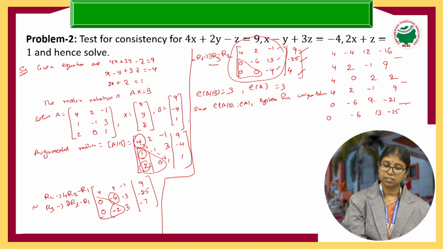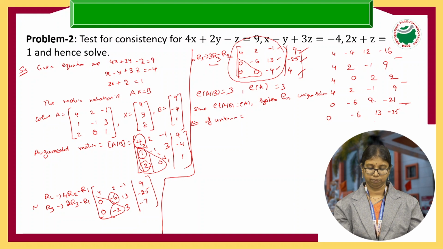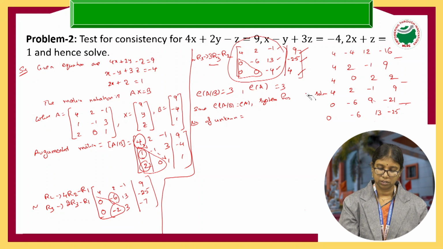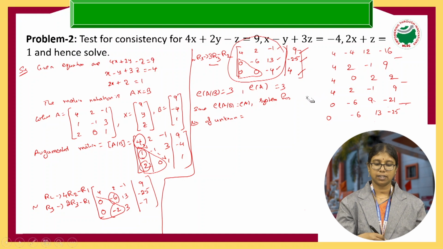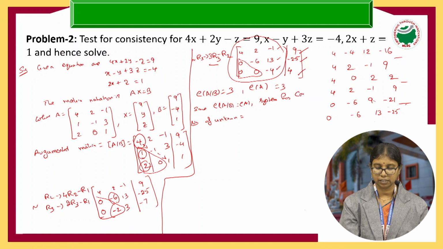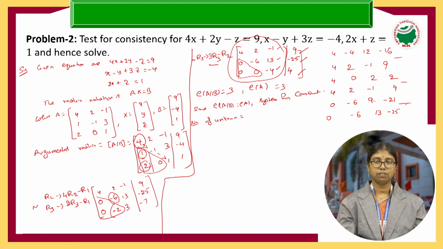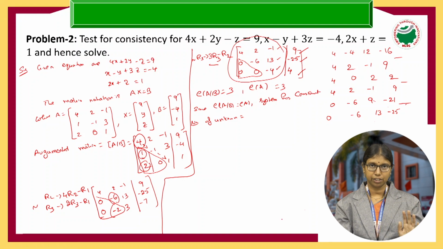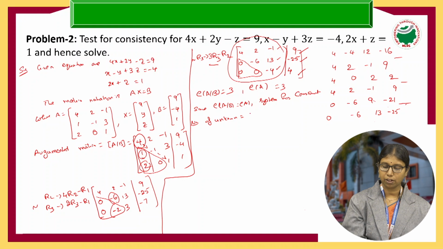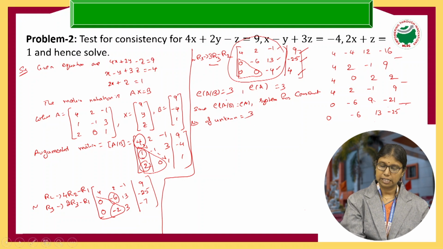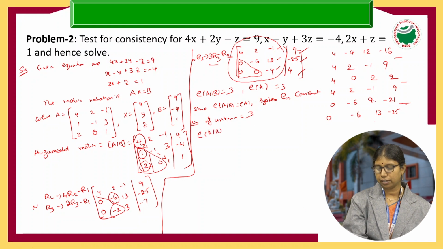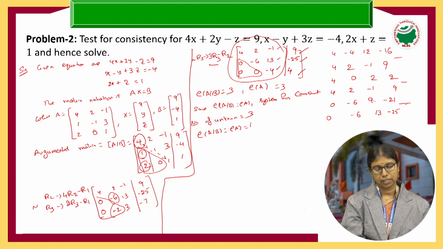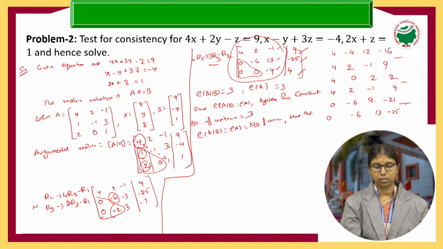If both the ranks are equal, the system is consistent. Now you have to give the justification whether it has a unique or infinite solution. Here the number of unknowns is x, y, z, that is 3. Clearly, rank of A given B and rank of A are equal to the number of unknowns. Then the system has a unique solution.